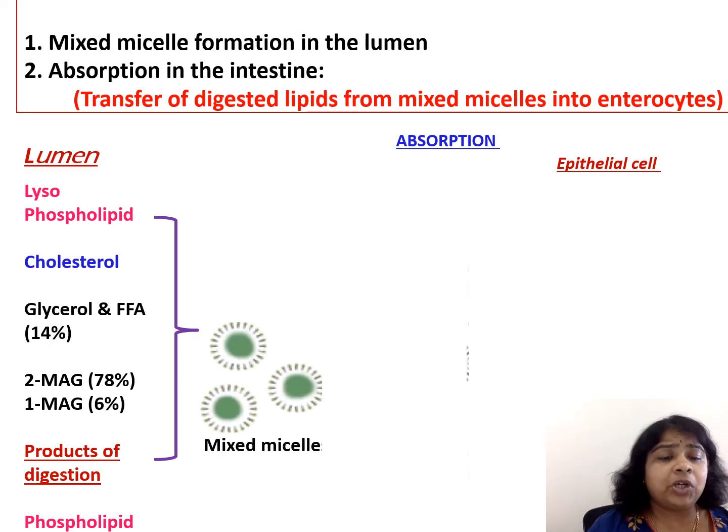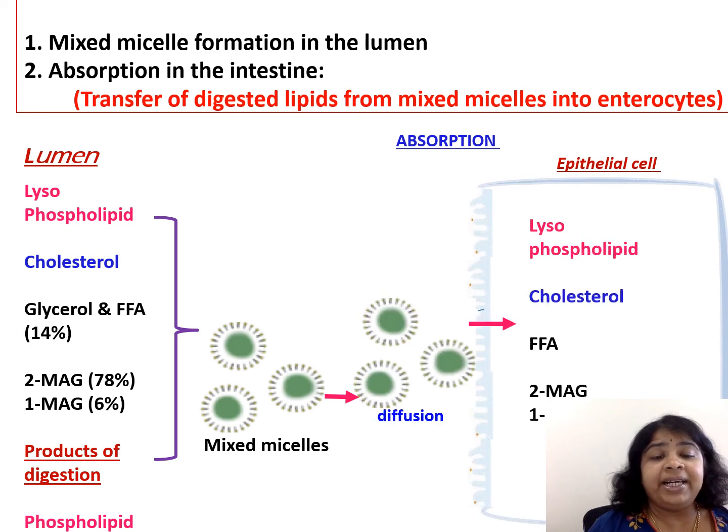Coming to absorption, these mixed micelles will contain all these, and by diffusion they are able to transport the lysophospholipid, cholesterol, free fatty acids and the monoacylglycerols into the epithelial cell in the intestine.